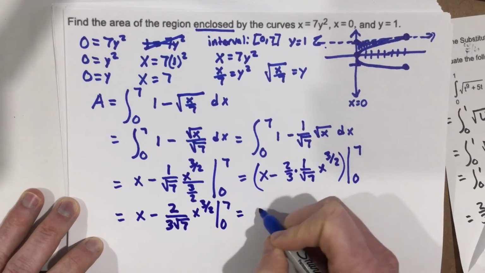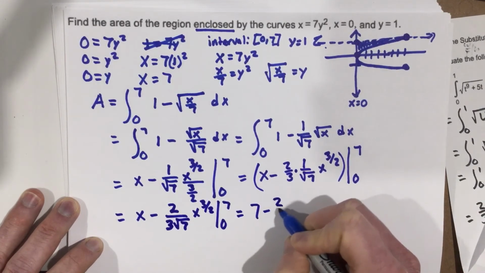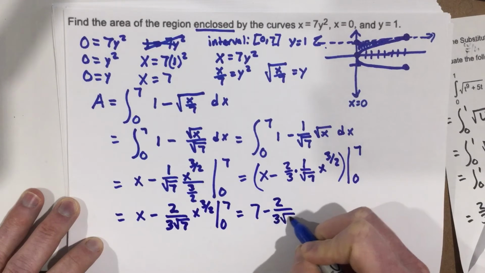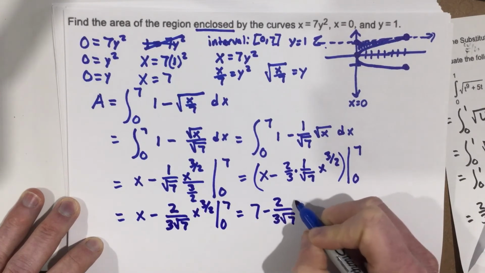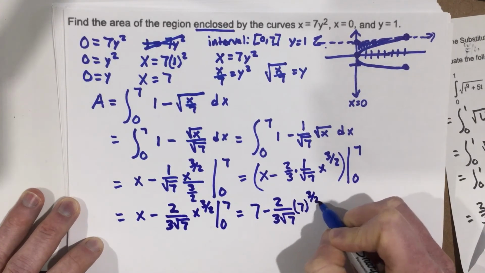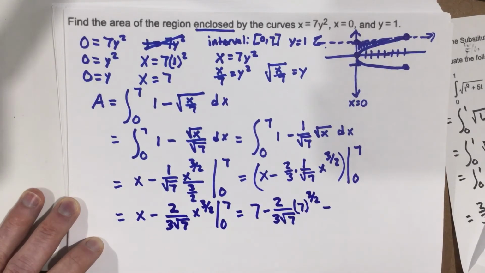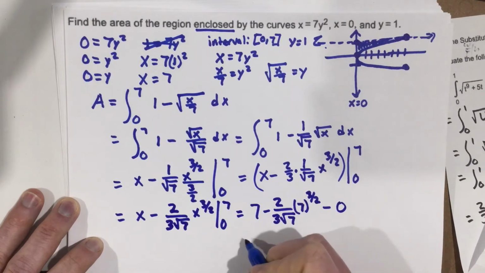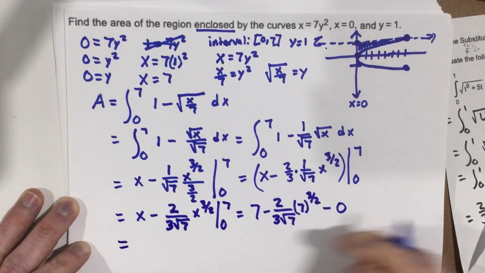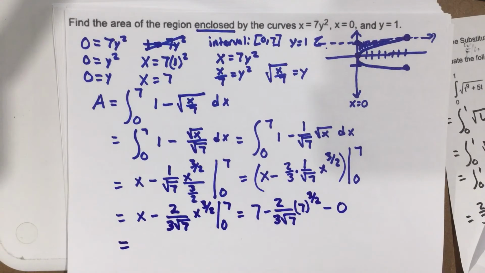Let's plug it in. We get 7 minus 2 over 3 root 7 times 7 to the 3/2, minus, if we plug in 0, we get 0. And let's see, they want this in a simplified fraction, so they want this in fractional form.